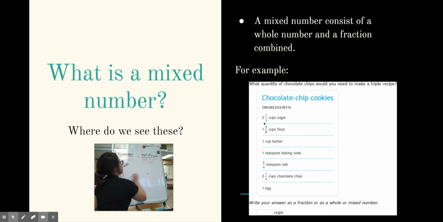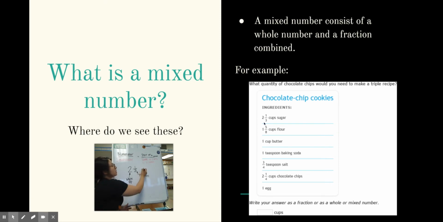So like it says, if it says 2 1/3 cups of sugar, well, 2 1/3. So a mixed number, here is your whole number. So right here, whole number. Your fraction is right there.